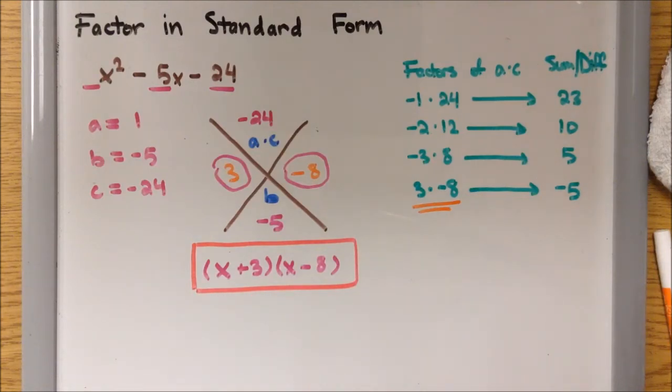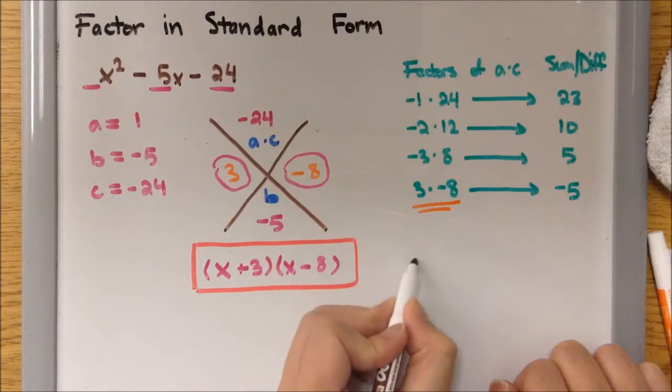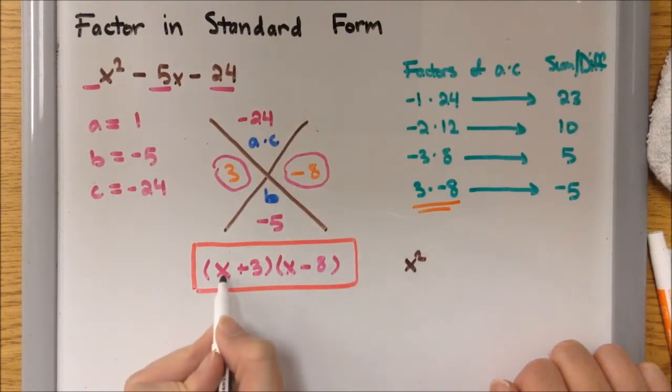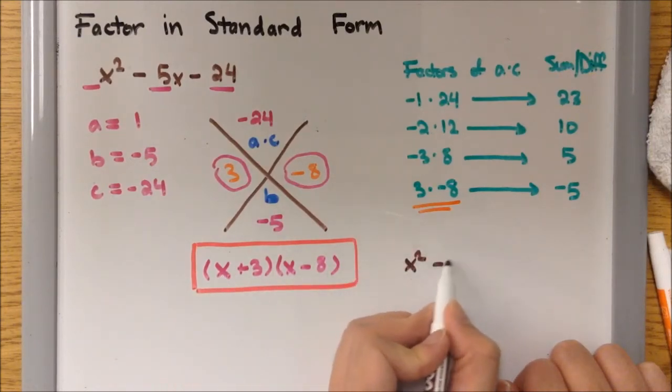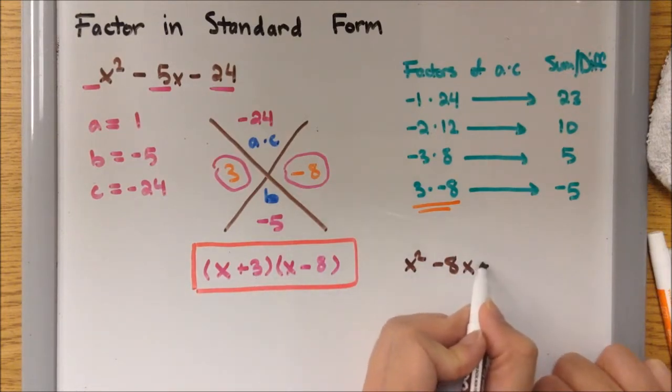Now how would you check that? You can FOIL or use the box method. When I FOIL, I should have the same answer, which I'm going to do right here. x times x is x squared. x times negative 8 will be negative 8x. Then 3 times x is plus 3x.